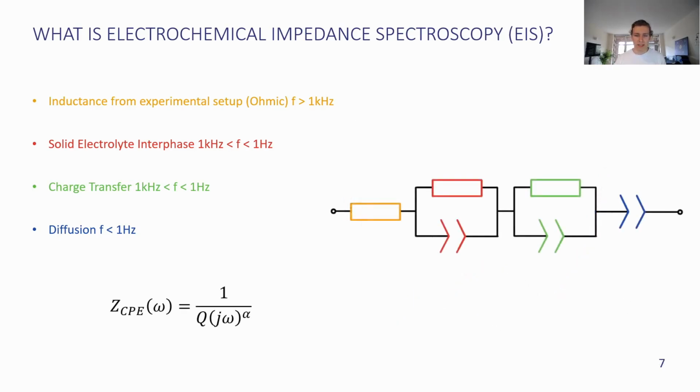Often when talking about EIS, equivalent circuit models are used to describe them. And so what I've done is I've taken the graph shown previously and broken it down into the equivalent circuit model. And again, each element is replaced by a circuit equivalent element. However, there's one that's not as common in circuits, and that is called a constant phase element.